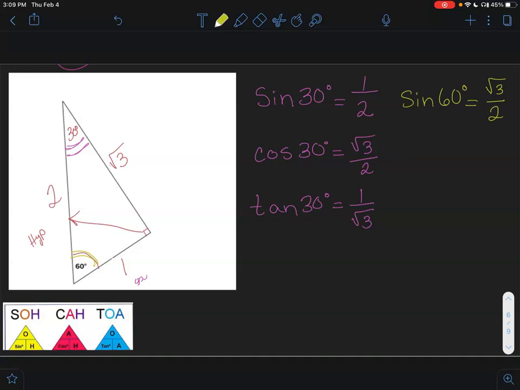Cosine of 60 is going to be the adjacent side over the hypotenuse. And tangent of 60 would be the square root of 3 over 1. All right, so there's our ratios, and let's apply those to a problem and solve.